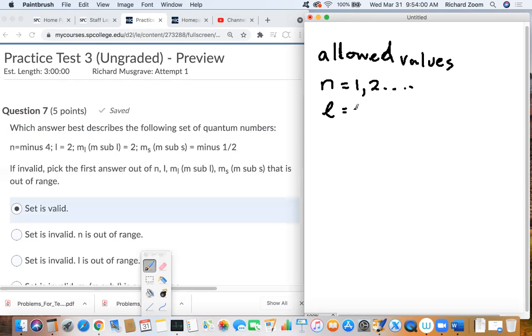L can be 0, 1, up to n minus 1, so it depends on whatever n value you have here. The m sub L is negative L through to plus L. And the m sub S is going to be plus a half or minus a half.